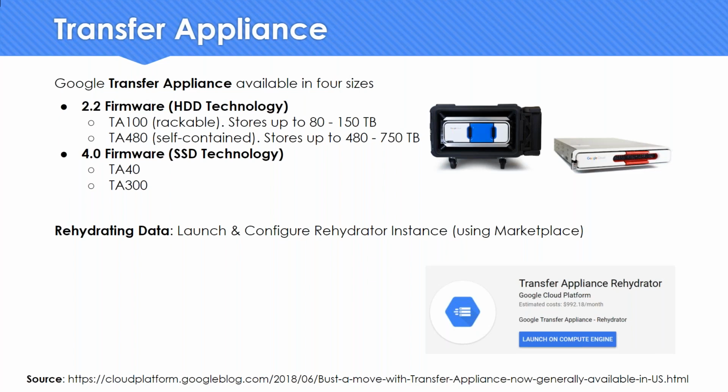And for those petabytes of information, one time what you can do is order a couple of appliances and transfer it to Google Cloud. It's a hybrid option. Some part you use Transfer Appliance, some part you use Velostrata or Migrate for VM. So a combination, not one solution.